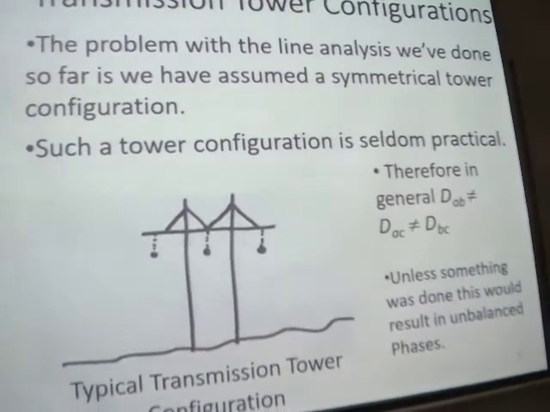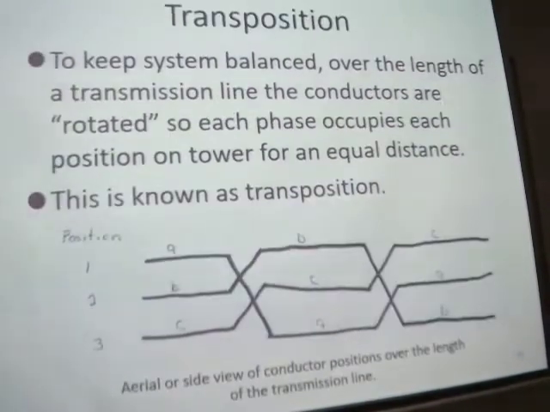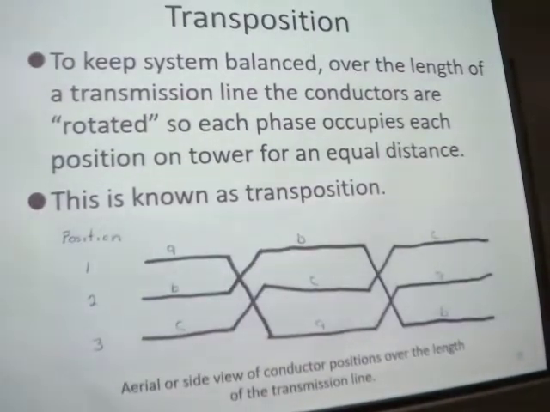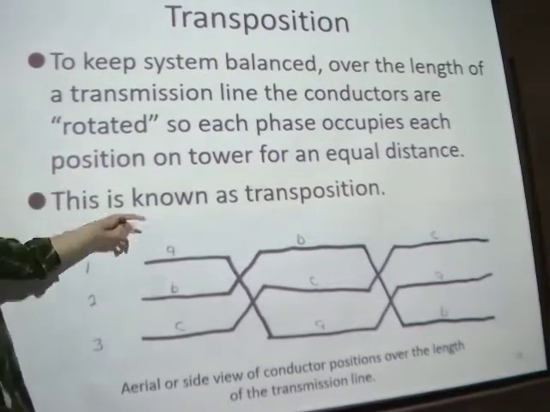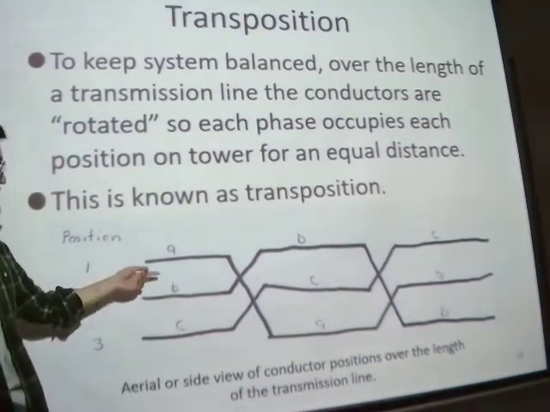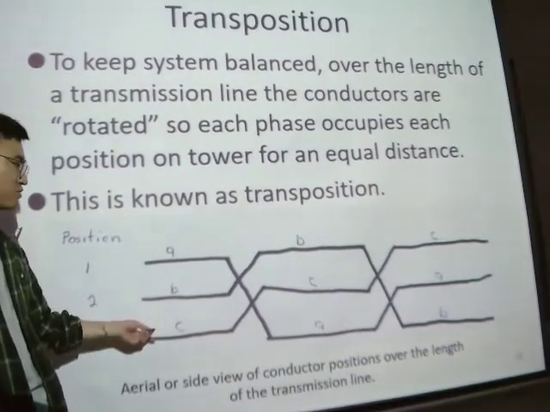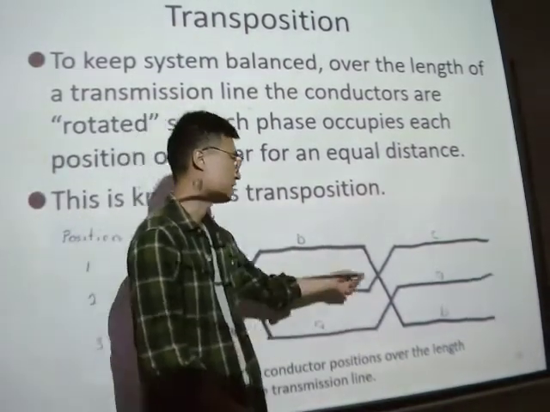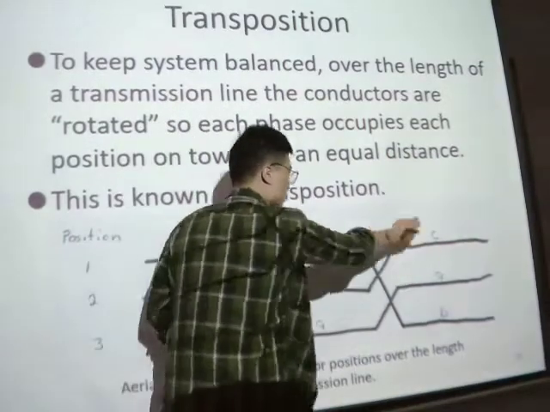So that's why we use transpositions, okay? Because we need to push the unbalanced three-phase system in our real world to be balanced, so we use this method of rotation, okay? Let's do it like this: phase A, phase B, and phase C, with phase A here and phase A here.